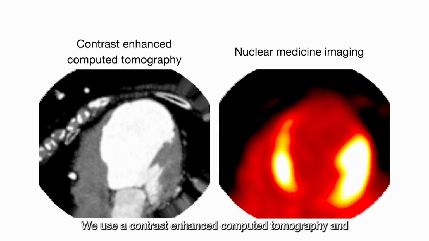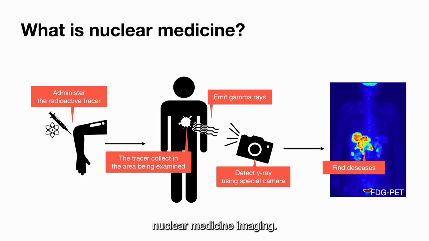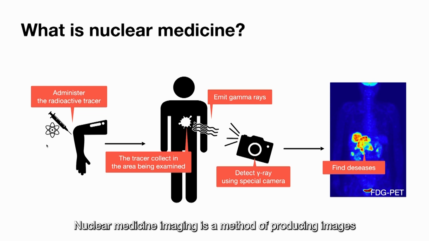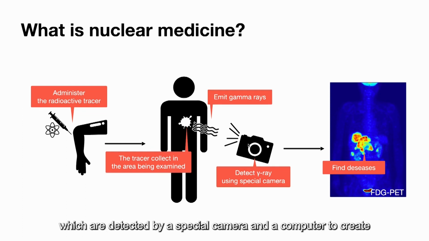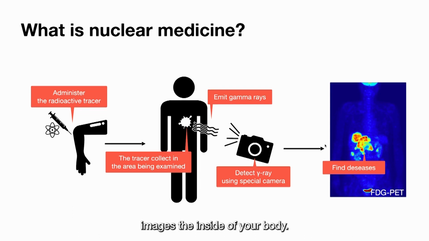We use contrast-enhanced computed tomography and nuclear medicine imaging. Nuclear medicine imaging is a method of producing images by administering a radioactive tracer. The tracer travels through the area being examined and gives off energy in the form of gamma rays, which are detected by a special camera and computer to create images of the inside of your body.